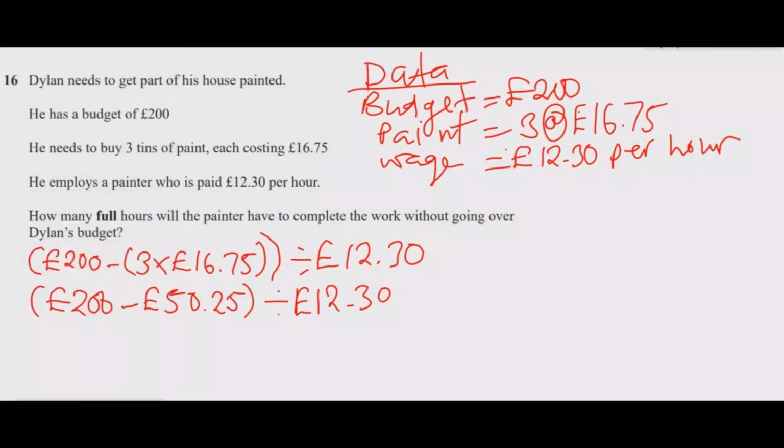So £149.75 divided by, sorry, I have to put the pound sign here as well. Divided by £12.30. When we divide that, the answer we get is the hours.